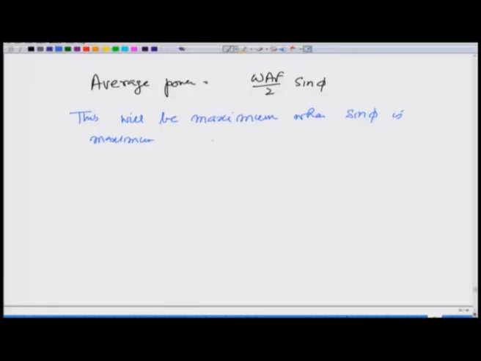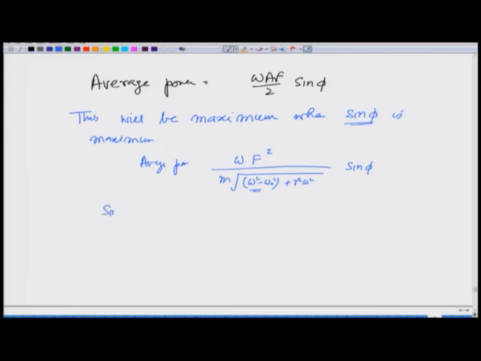So, I can write the average power as omega, a was f over m square root of omega square minus omega 0 square plus gamma square omega square, and then there is one more f. So, this becomes f square sine phi. So, roughly I can say when sine phi is maximum, my power is going to be maximum. I am ignoring little variation of this omega here.